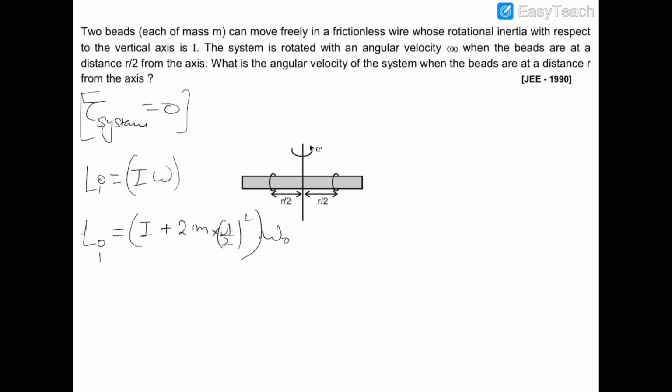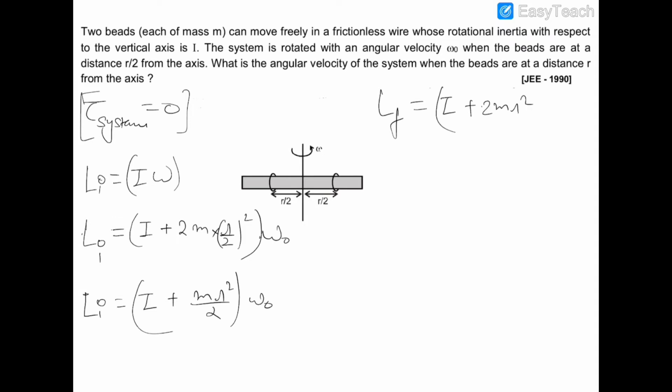So the initial angular momentum is I plus m r square by 2, into omega naught. The final angular momentum will be I plus 2 m r square, because both rings are at a distance of r from the axis finally, into omega.